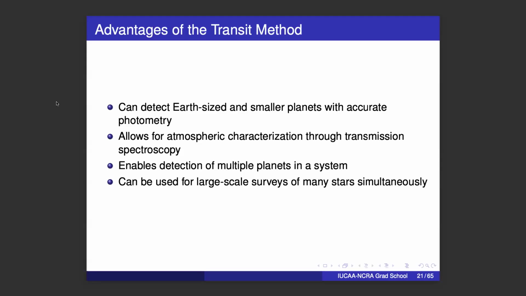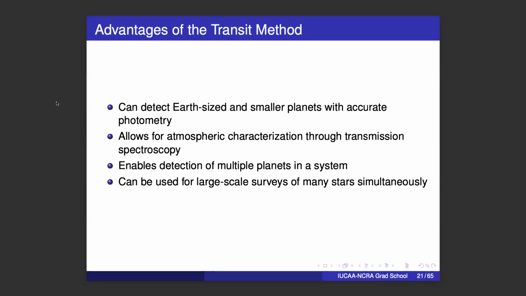This is just, to me, really staggering, because we went from the first discovery in 1995 to the first atmospheric characterization in 2002. It really boggles the mind, and I'm going to show you some examples of it.